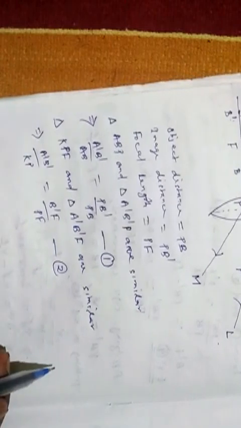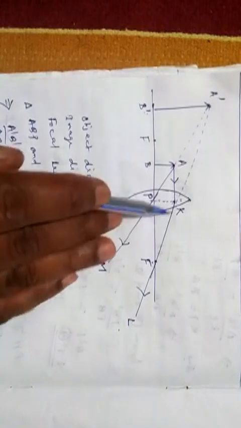So we can write A dash B dash by KP is equal to B dash F by PF. Equation number 2. But let us see the figure, KP is equal to AB.